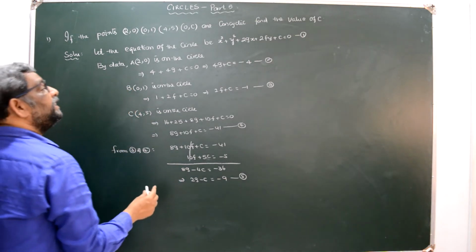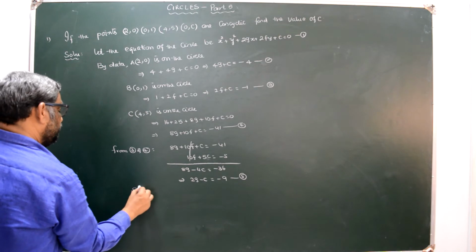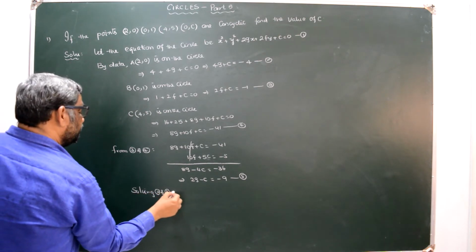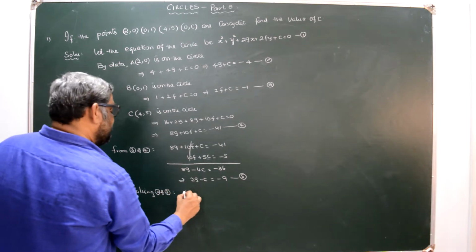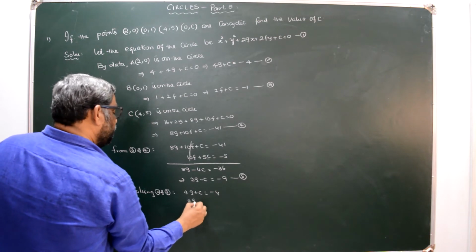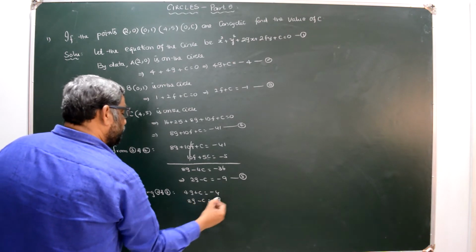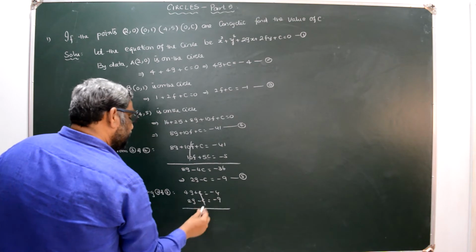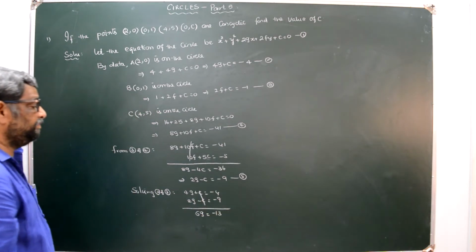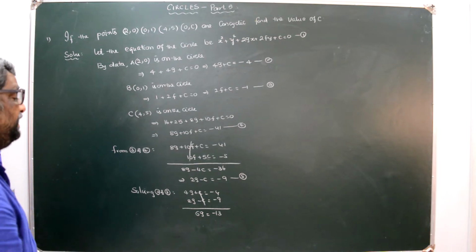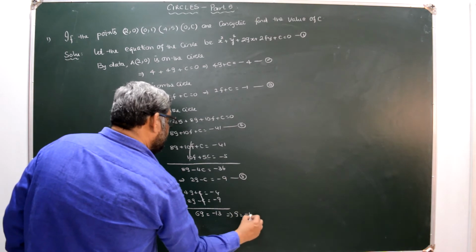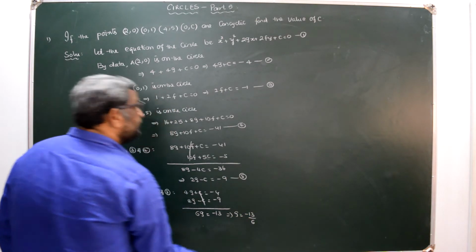Now solving 2 and 5: 4g plus c is equal to minus 4, 2g minus c is equal to minus 9. Adding, 6g is equal to minus 13. So g is equal to minus 13 by 6.